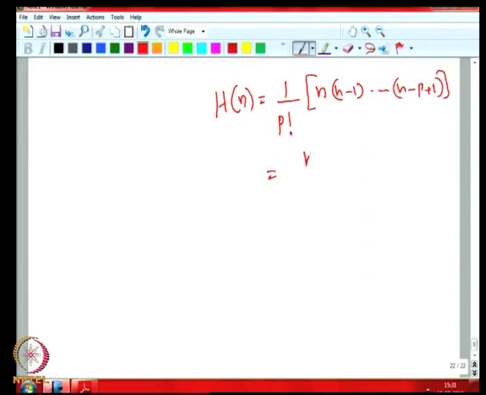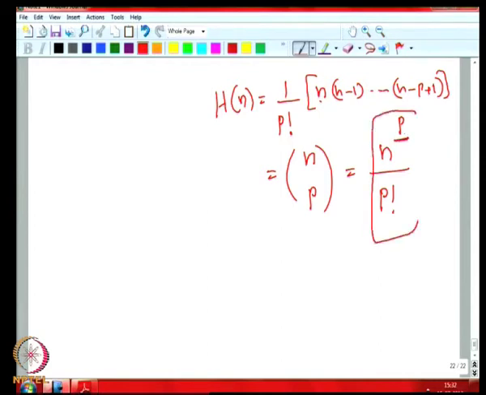This is actually n choose p, which also can be written as n falling factorial p divided by p factorial. The falling factorial starts from n into n minus 1 down to n minus p plus 1. So we can write this, or just write n choose p.